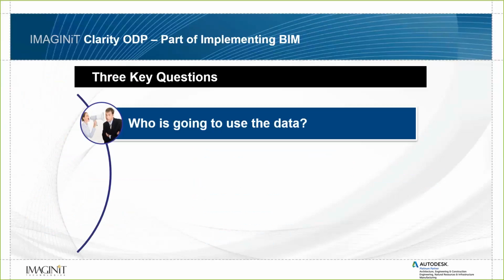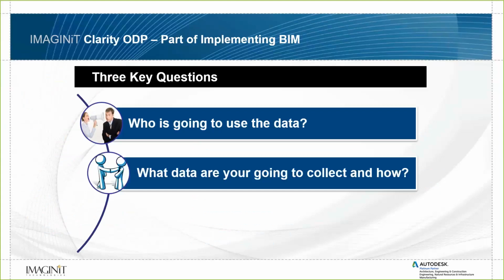Knowing what you need is based off of who's going to use the data. When you know who's going to use the data, be it Clarity or whatever other tool, the Revit data that's in there, then we need to know what information do those people need. How are you going to acquire it? Are you going to just do a data dump from Revit through Clarity into SQL and then use the Clarity environment to update all the information?